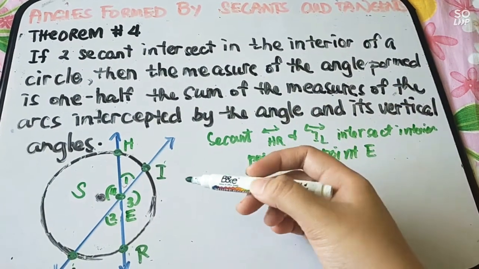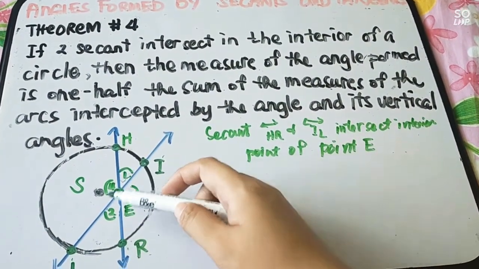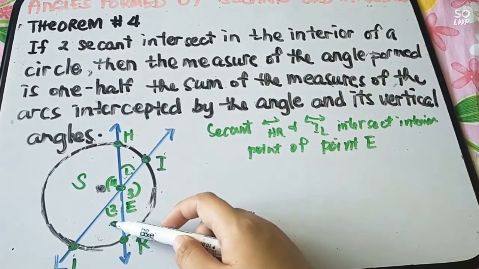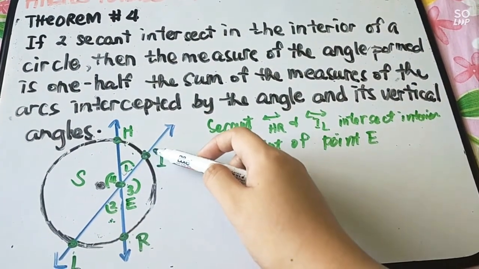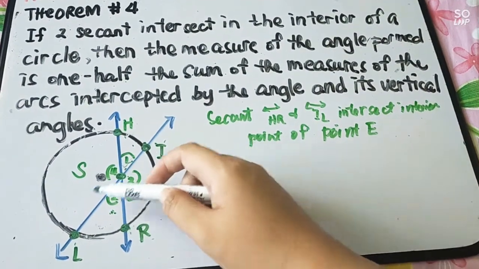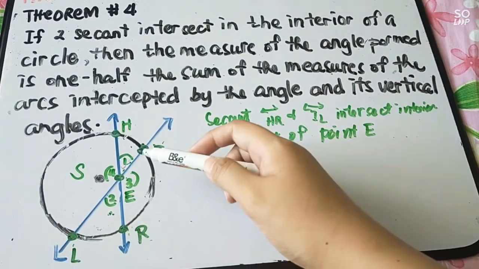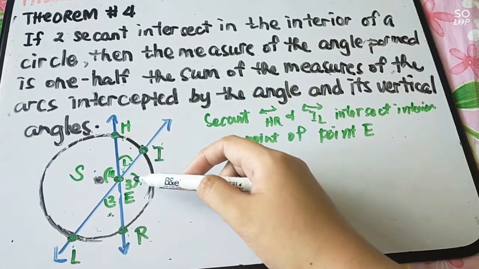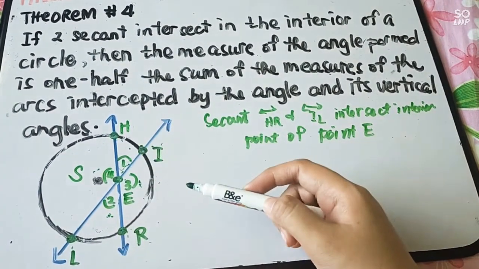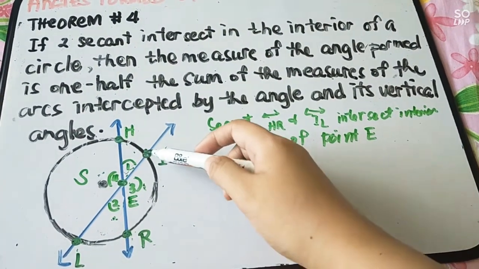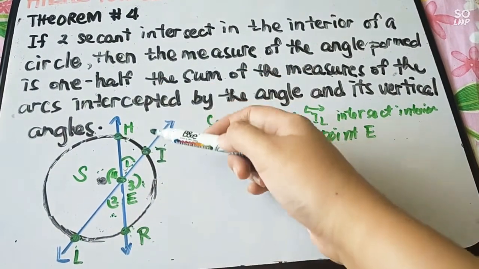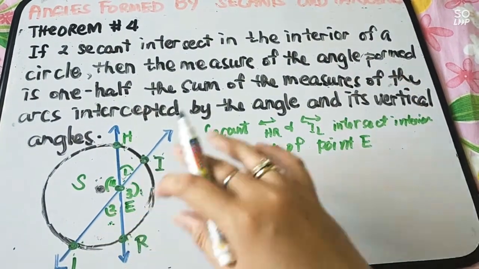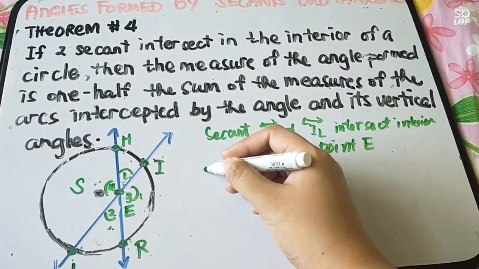What are the vertical angles here? Angle 1's vertical angle is angle 2. So, whatever the measure of angle 1 is, angle 2 has the same measure. Therefore, angle HEI is vertical to REL. Next, angle 3's vertical angle is angle 4, meaning angle 3 is equal to angle 4. Or, IER is vertical to HEL. Okay?